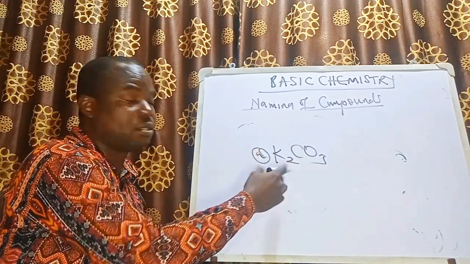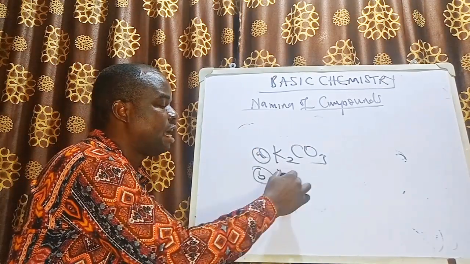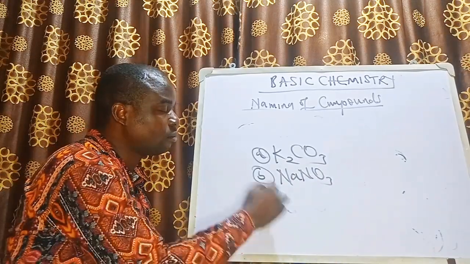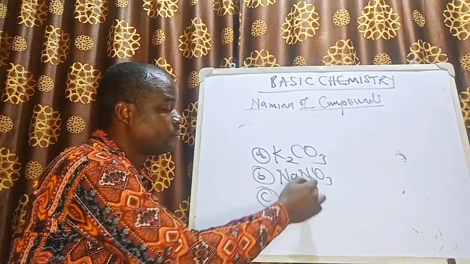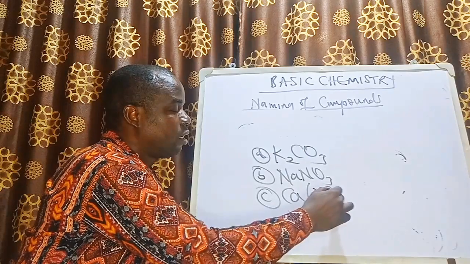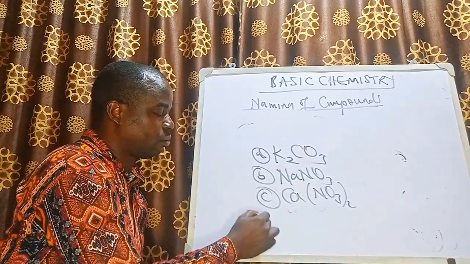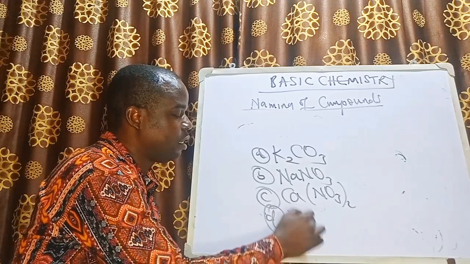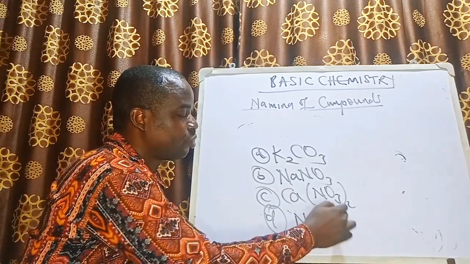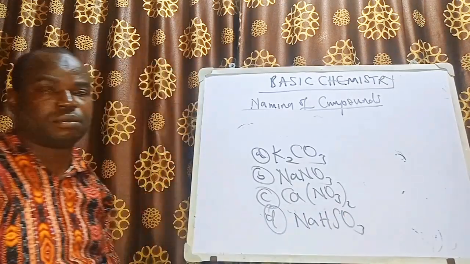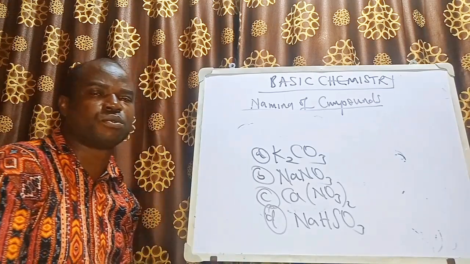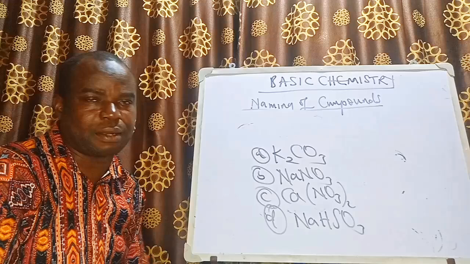K2CO3, try to name it. Then NaNO3, then Ca(NO3)2, then we have NaHSO3. Try naming these compounds. Just use them to practice. I believe you get better along the line.